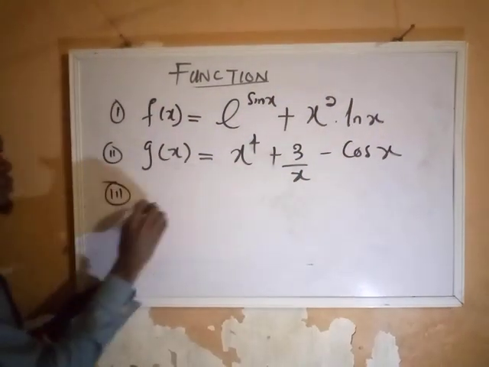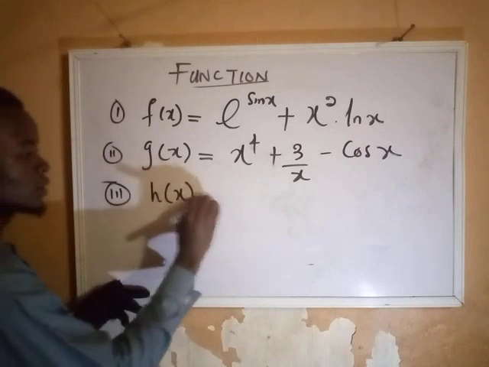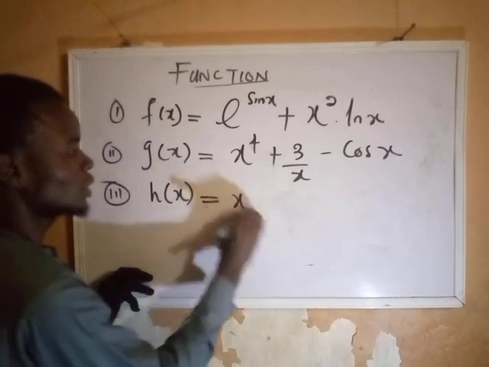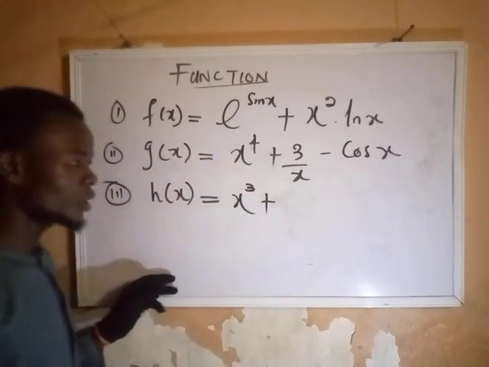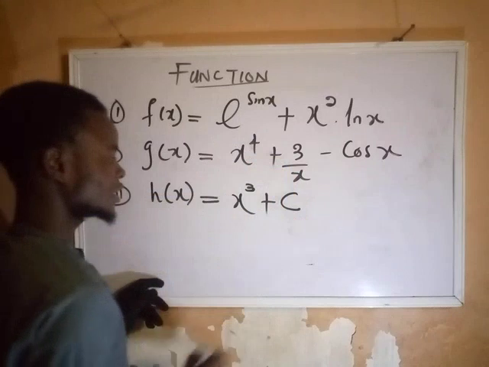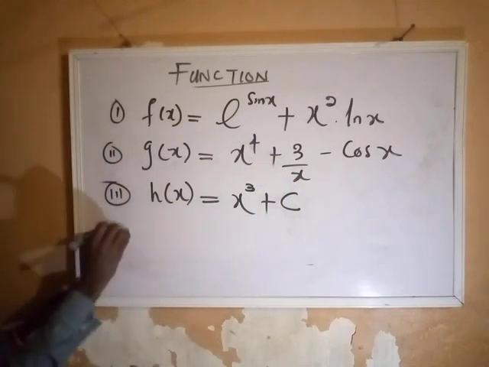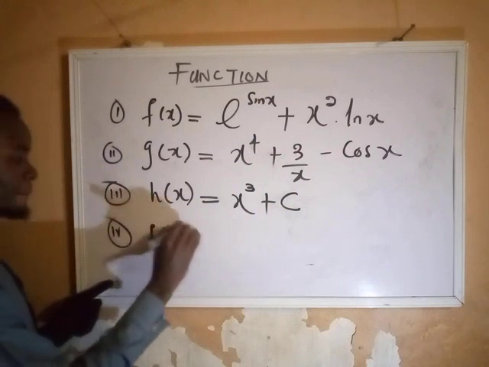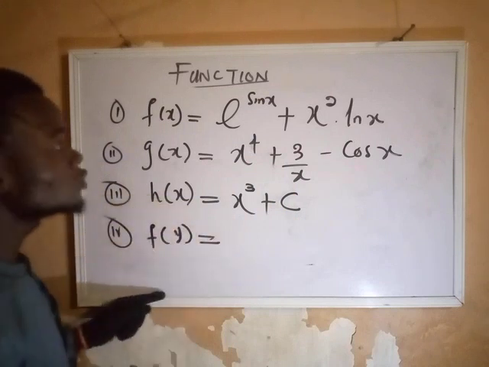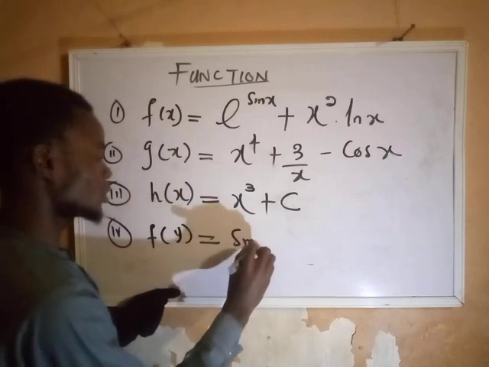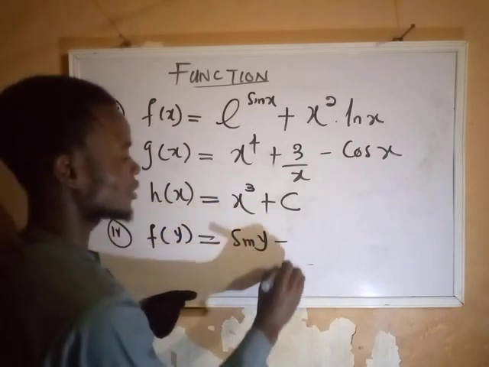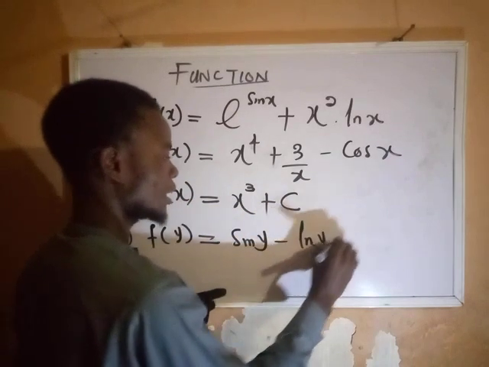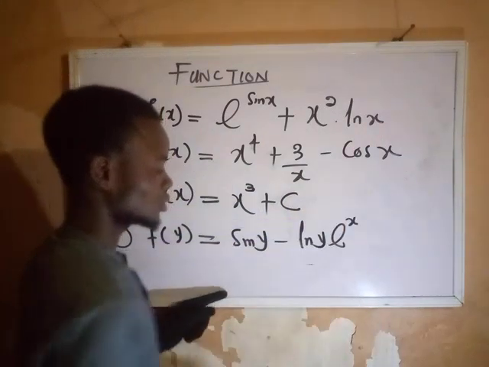Number 3, if you have h of x equals x raised to the power 3 plus c. Number 4, let's say you have f of y equals sine y minus ln y exponential of x.